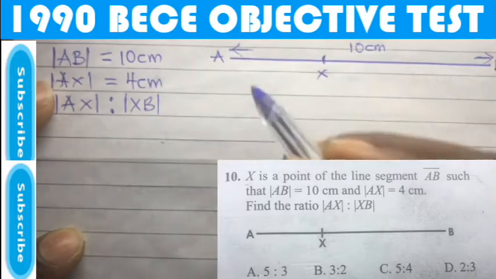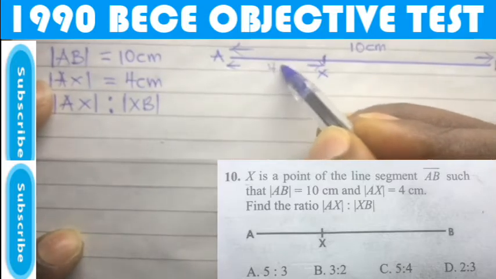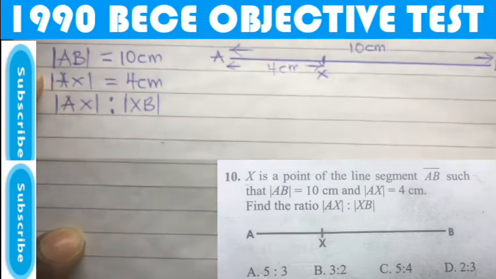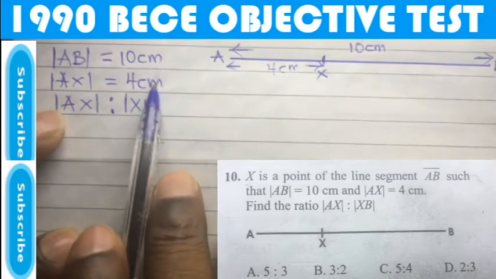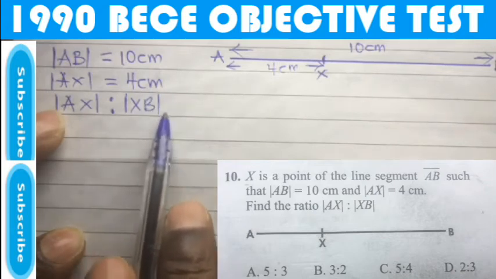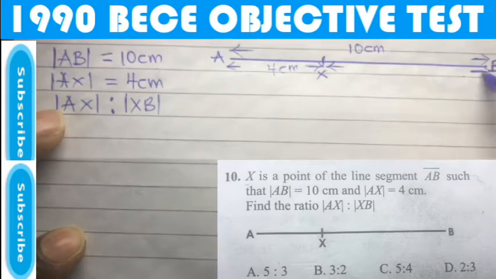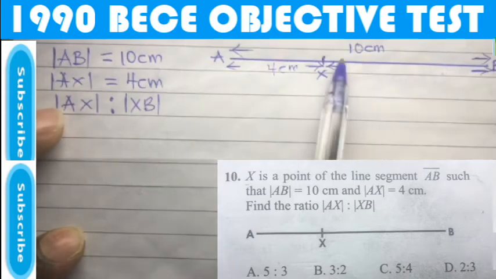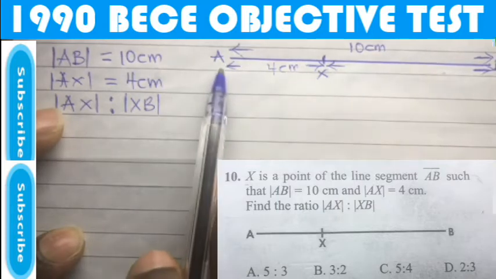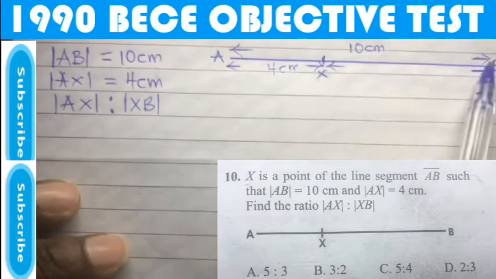But if you move from A over here to X over here, it is 4 centimeters. We know AX, the length of AX, which is 4 centimeters, but XB is not known. From X over here to B is not known. But if you move from A to B, it measures 10 centimeters. And if you move from A to X, it is 4 centimeters. So what distance is it going to be when you move from X to B?